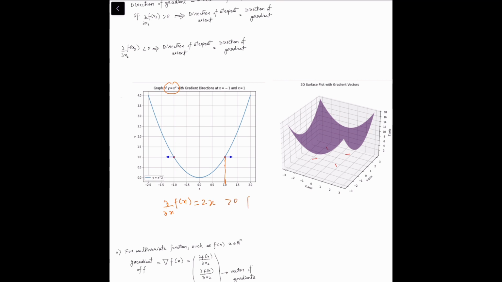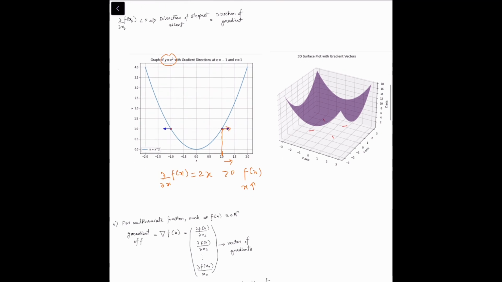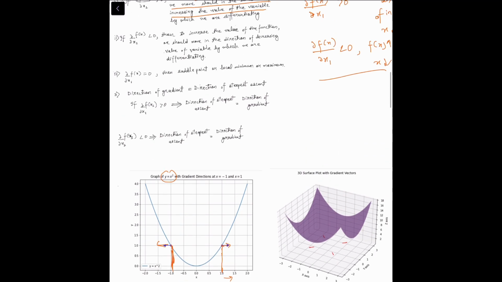That means to increase the value of the function we have to go in the direction of increasing x, which is this direction as shown in the diagram. Similarly, at x equals -1, which is this point, the derivative is negative. That means to increase the value of the function overall, we have to go in the direction of decreasing x, which is this direction.